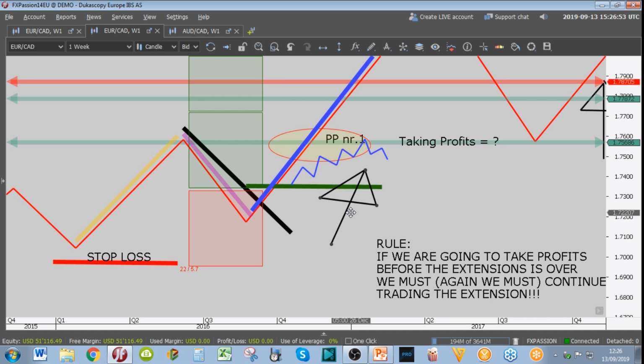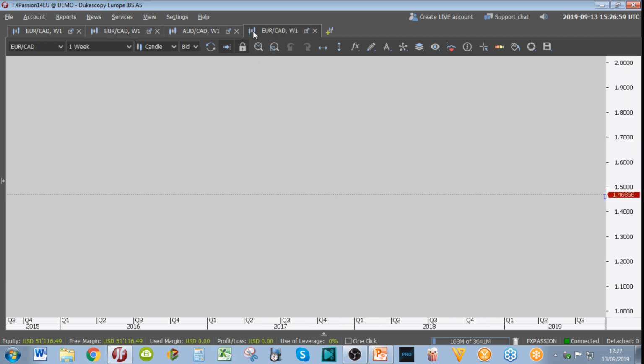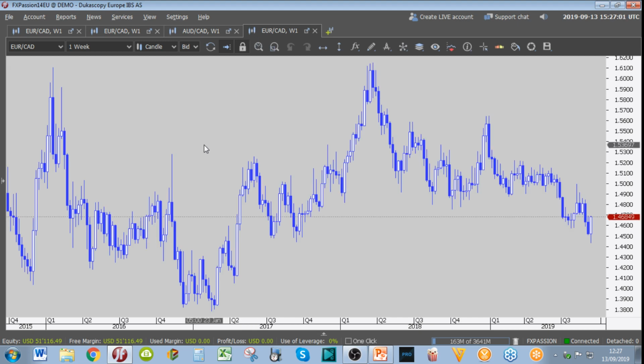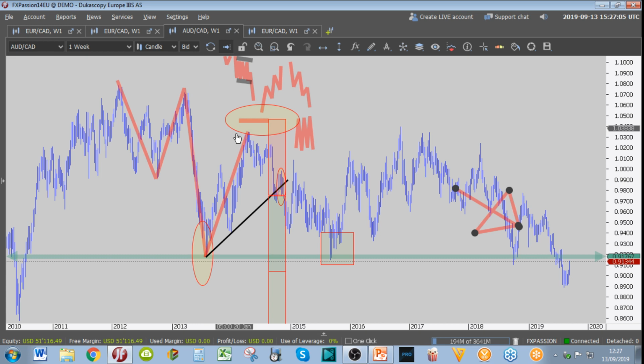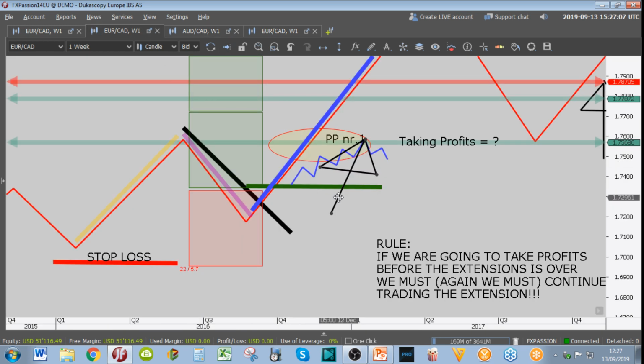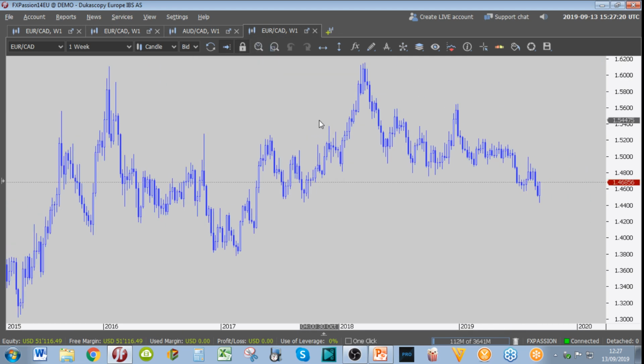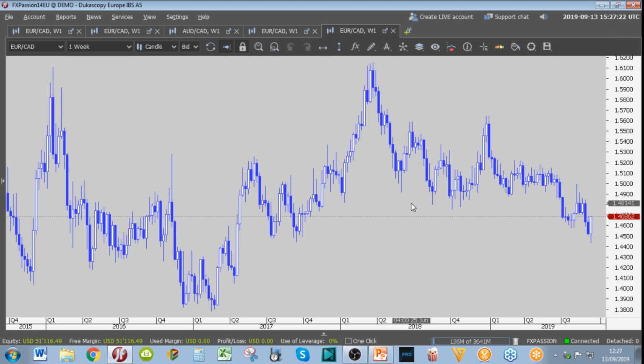Is anything wrong if I take profits in here and then I change my view, I go check other currency pairs and I'm happy, right? I earned $2, I earned 20 cents, or I earned $20, I'm happy. I'm going to close the trade and I'm going to check on other currency pairs. Is anything wrong?